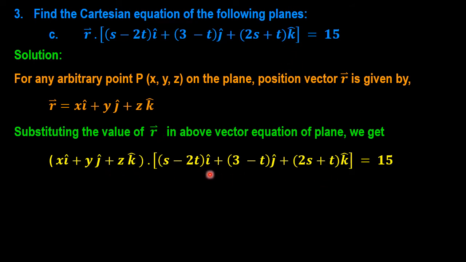Now here we take the dot product. So (s minus 2t) into x plus (3 minus t) into y plus (2s plus t) into z equals 15. So this is the required equation of the plane in Cartesian form.